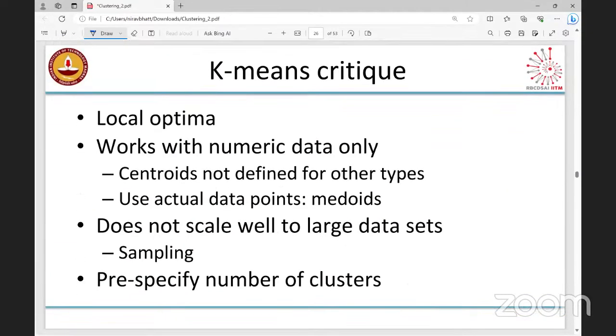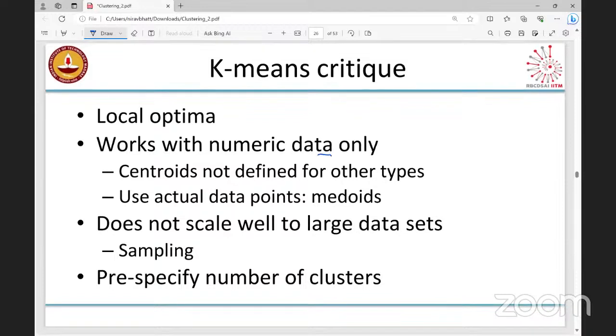One of the challenges with k-means is we may not find a global or exact clustering. We might end up with a local optimum. Another challenge is it can work only with numerical data. So for each of these points, I have to either have numerical data or convert it to numerical data.